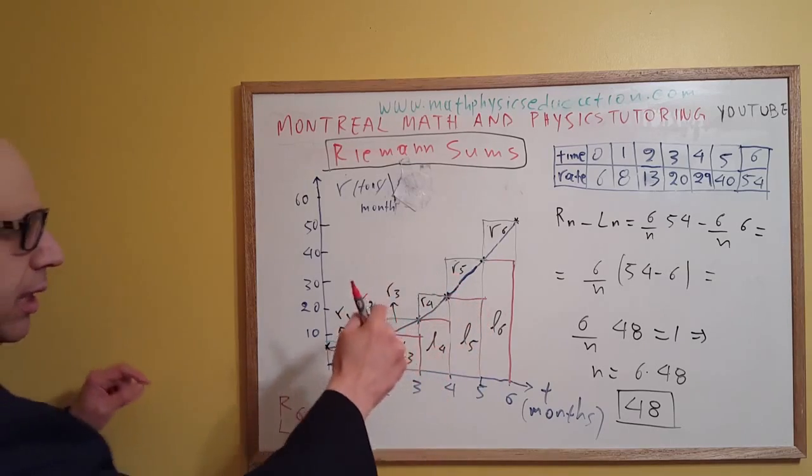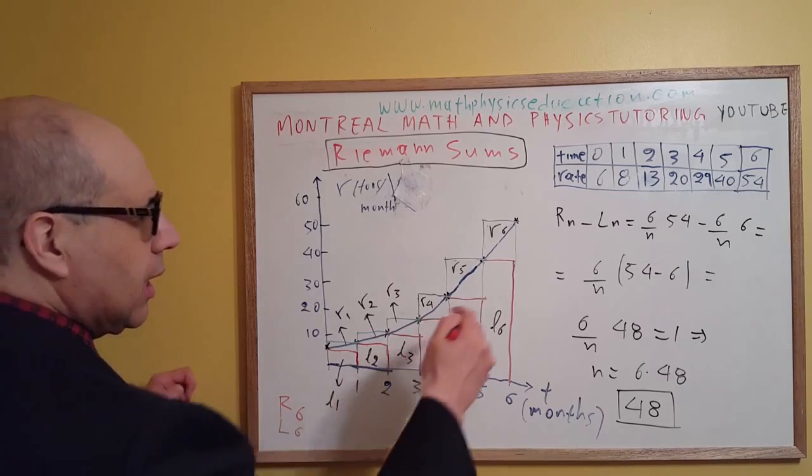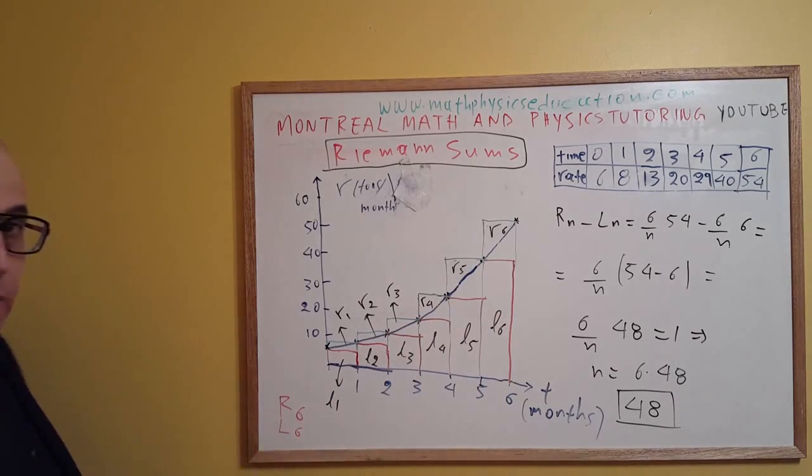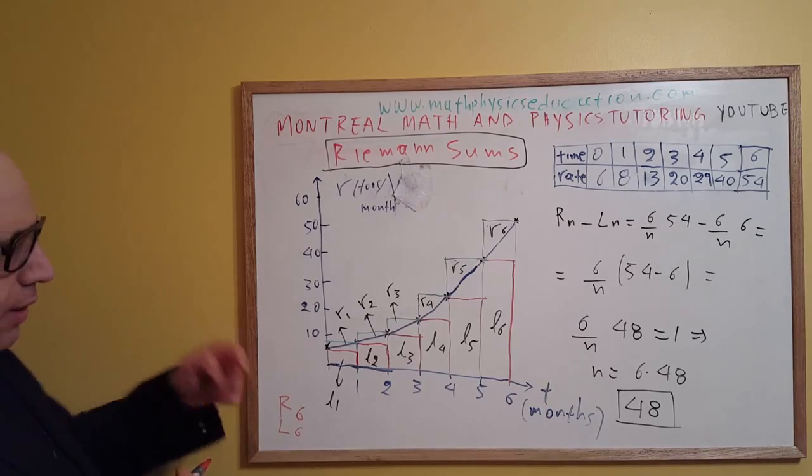But you see that this R5 is actually equal with the L6 of the left hand point.